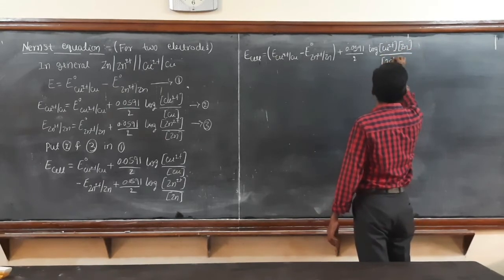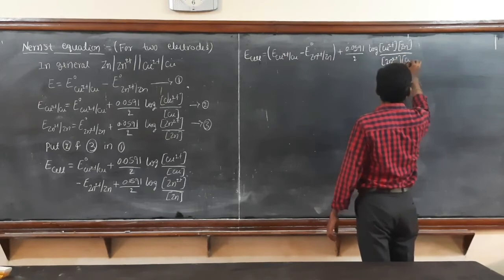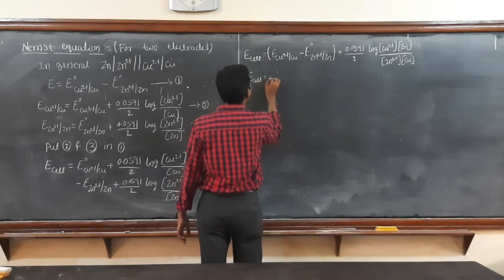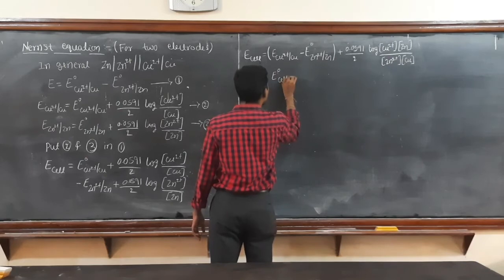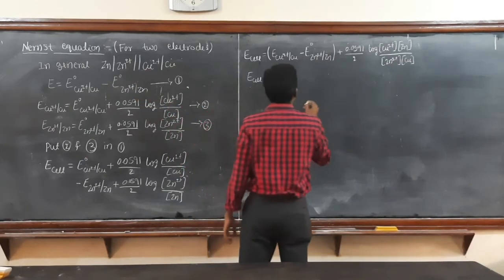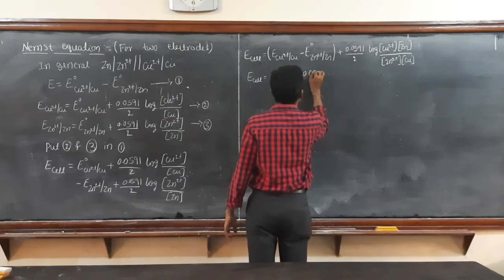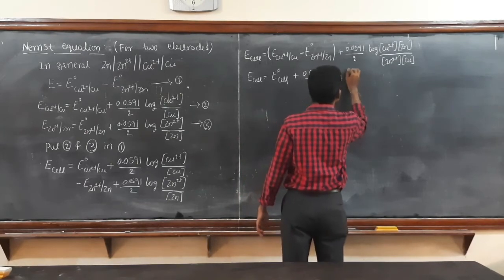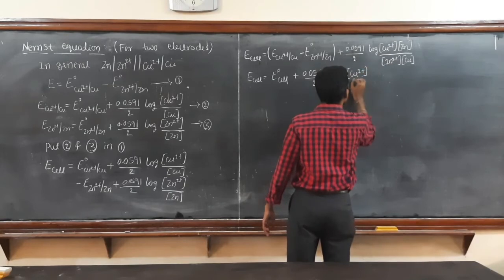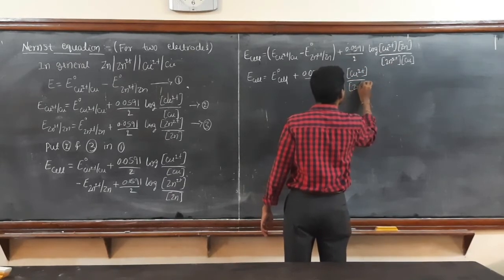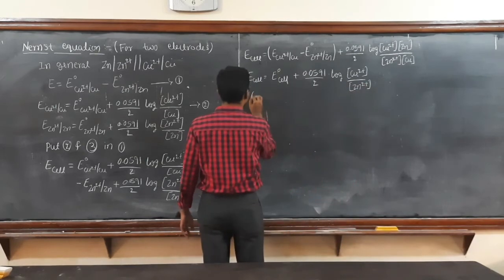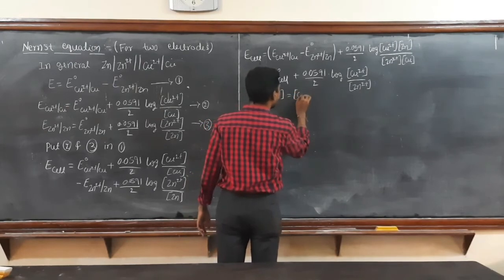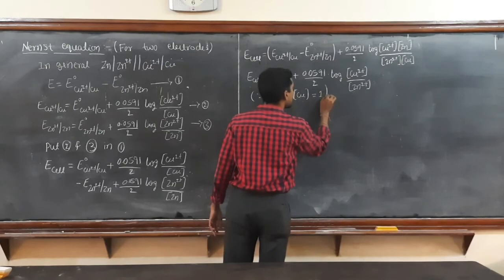So E cell is equal to E naught of the cell, which you have determined by using that equation, plus 0.0591 divided by 2 log of the concentration of Cu2+ over the concentration of Zn2+, because the concentrations of zinc and copper are equal to 1 in this case.